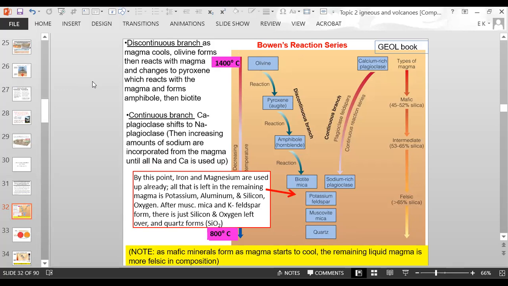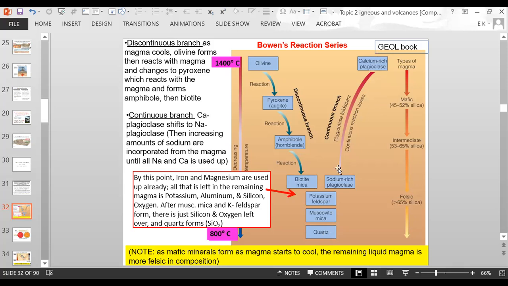For example, the magma may have risen closer to the Earth's surface, further from the interior of the Earth where it's hotter, and as it's closer to the surface, it starts to lose heat. I also mentioned that the cooling of magma and the formation of plutonic rock could take thousands of years. Once you form the quartz, you really just have a solid rock underground, or a pluton, and you no longer have liquid magma.